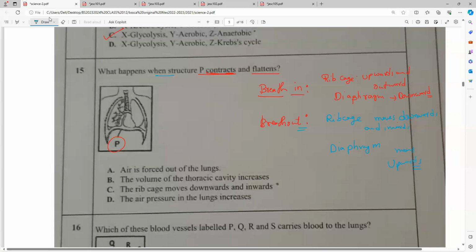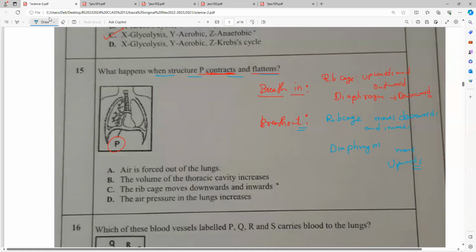So now what happens when the structure P contracts and flattens? If it contracts and flattens, will the air come out or will the air go inside? Contracting means it will move upwards, and the volume is decreasing. So inside the lungs the volume is decreasing.